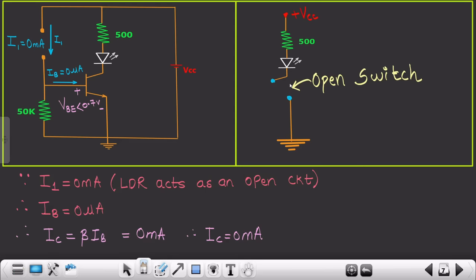So as you can see over here, this is how your transistor is going to look. Why? Because there is very minimum drop across the base emitter terminal, which is less than 0.7 volts, obviously. So there won't be any current flowing through this BJT transistor.